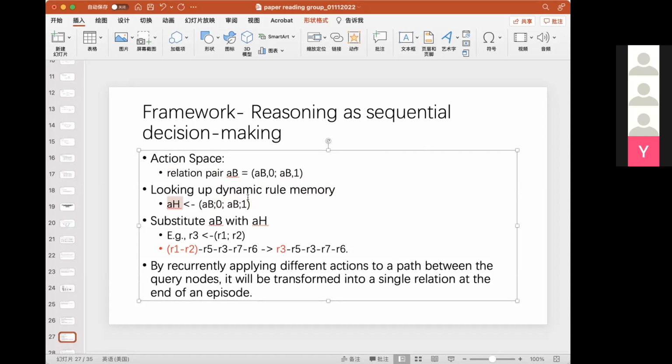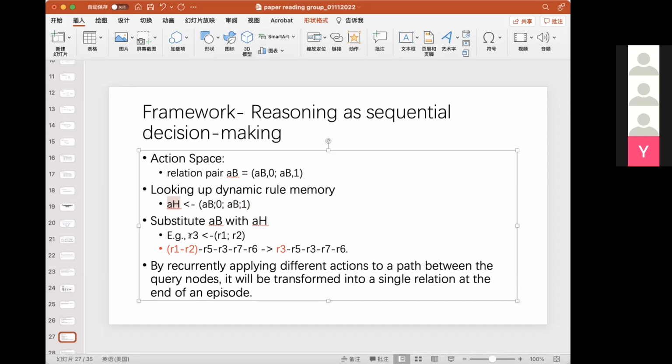By looking up this dynamic rule memory, we know that this selected relation pair can be replaced by this rule head. Next we will substitute the relation pair with the rule head among all the sampled paths.